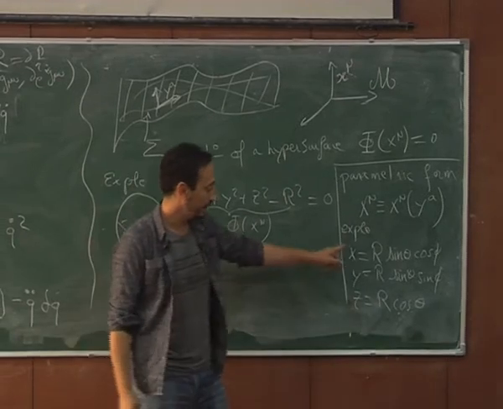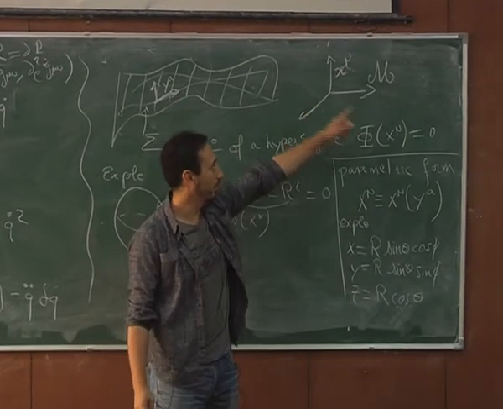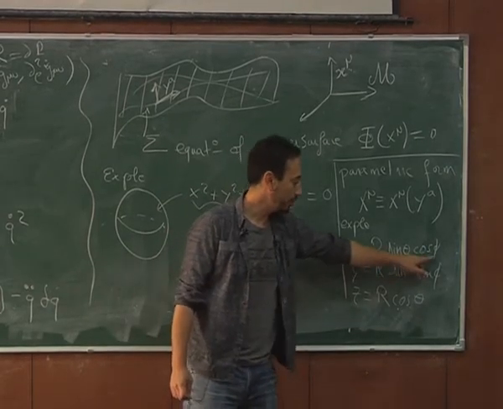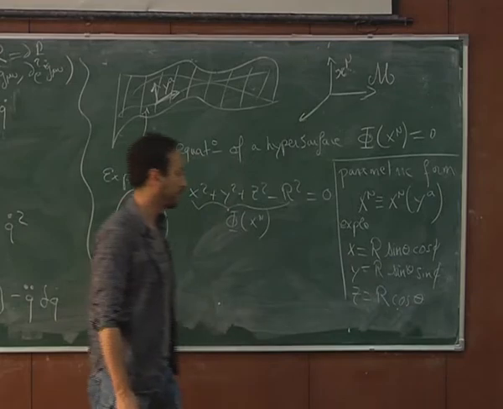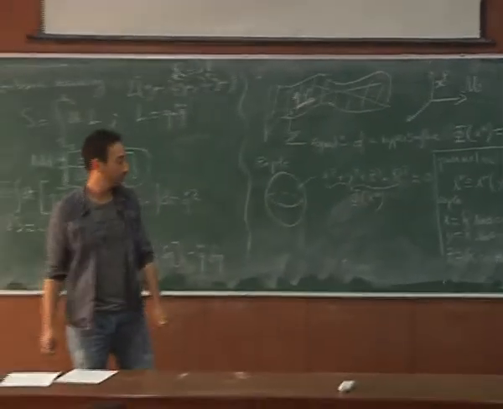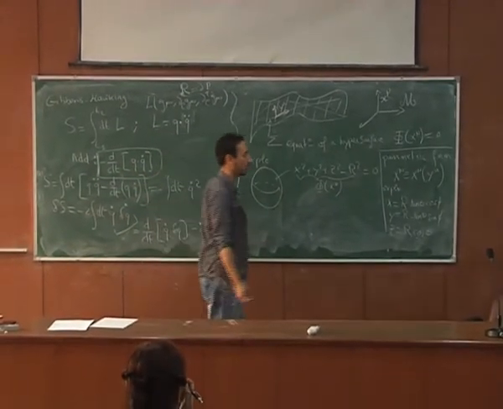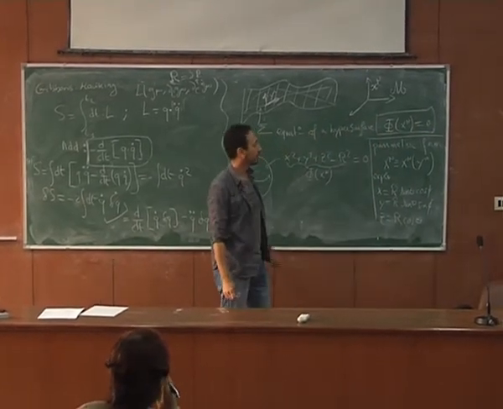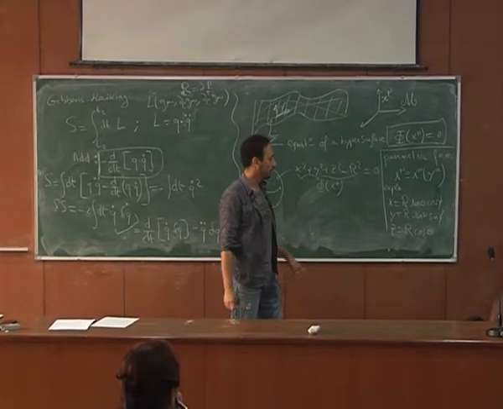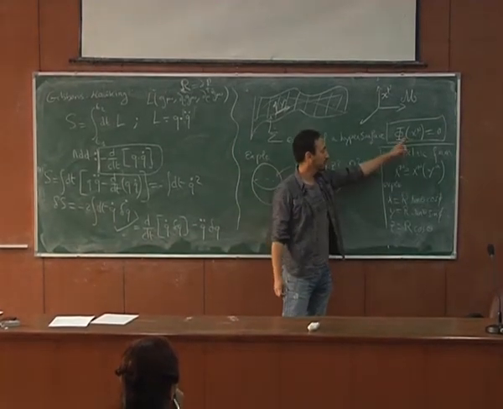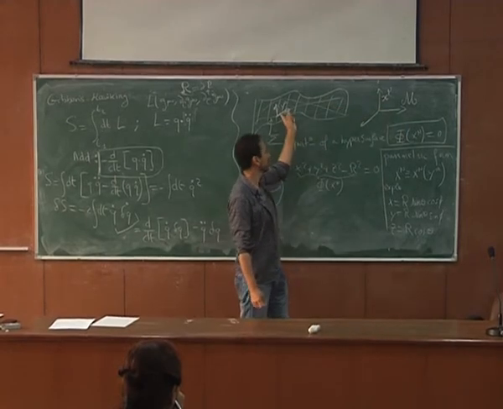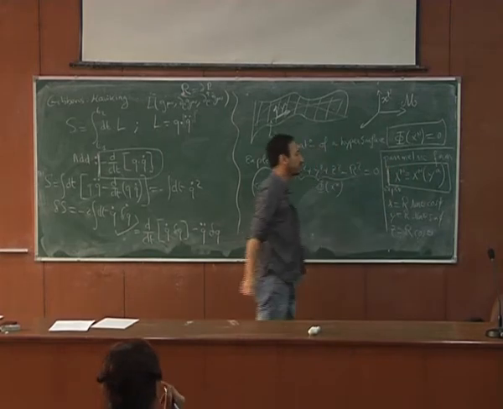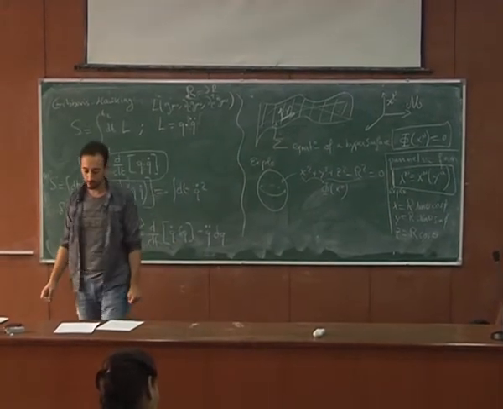So you define that these coordinates in the full space are written as coordinates of the hypersurface, which are the coordinates theta phi. So this is the parametric form. So you have two ways to define an equation. Either just a constraint on the coordinates of the full space-time, or in a parametric way, you say that these coordinates are functions of the coordinates of the hypersurface. So this is going to be the second way to define this.